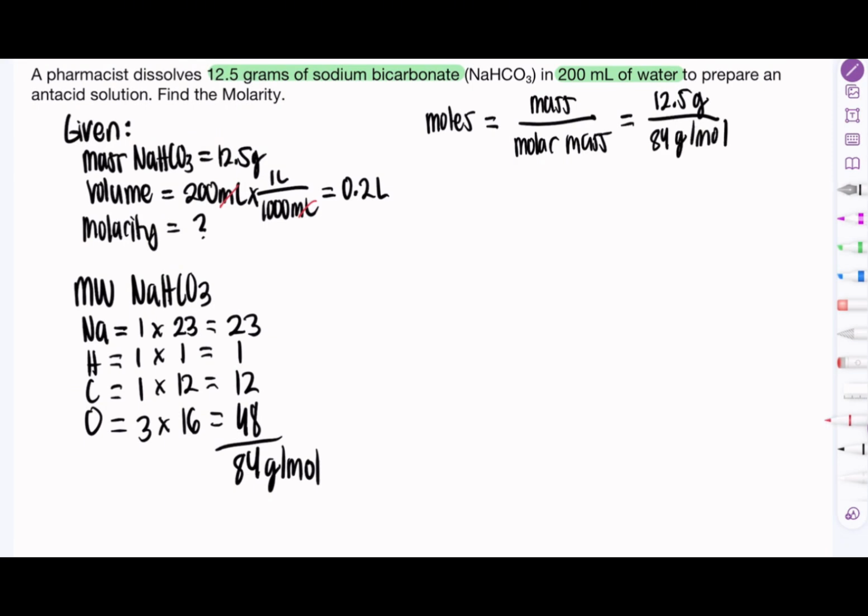So the grams will be cancelled out, leaving the mole unit. So the answer will be 12.5 over 84, which is equal to 0.1488 mole.